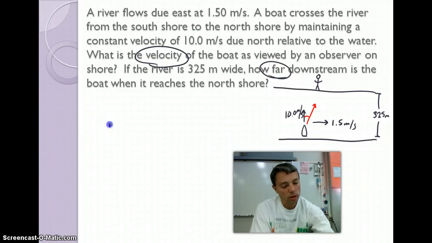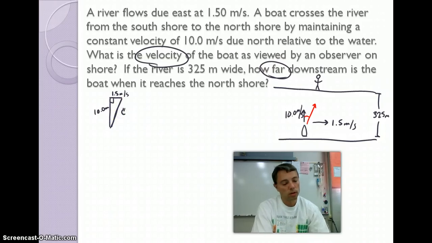So I look at my triangle, and I'm going to have a little triangle that looks like this. There's my right angle. This is going to be 1.5 meters per second. This is going to be 10 meters per second. And so I'm looking for the hypotenuse, and we call that, of course, C if we're using Pythagorean's theorem.